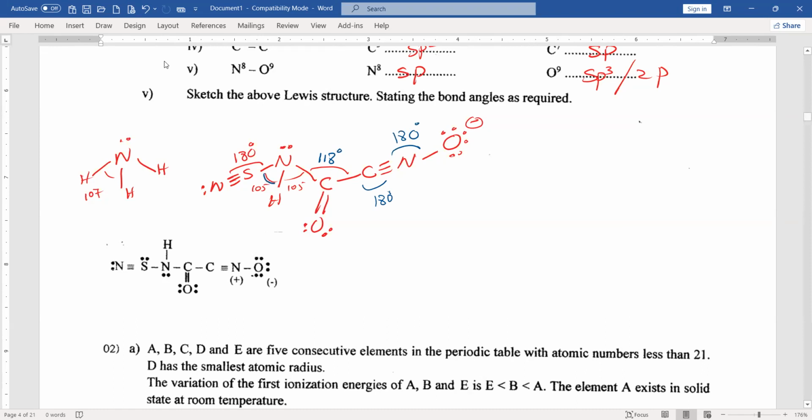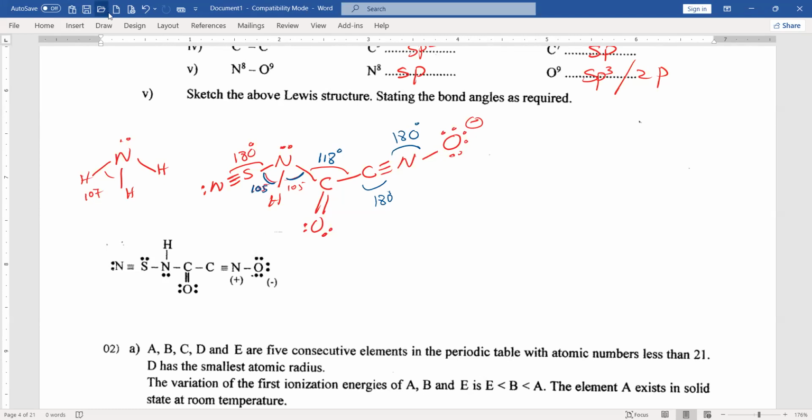You have to specify only these bonds: 105, 105, 180, 180 and 118. So these are the accepted values and the correct structure. You have to get the three-dimensional structure like this. For the exact 3D in 2D space, you have to draw it so that you can easily identify the bonds.